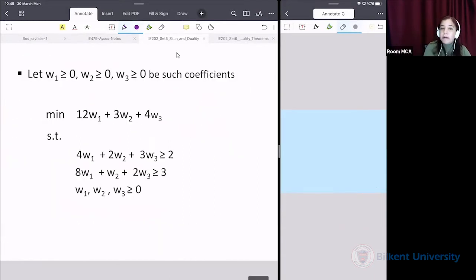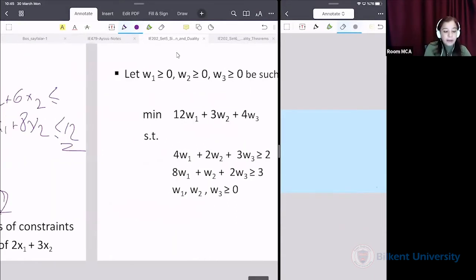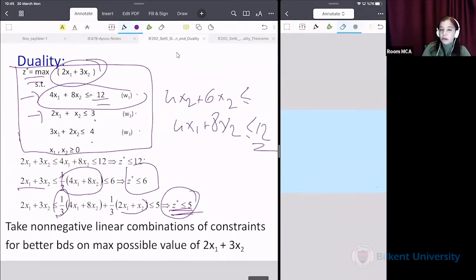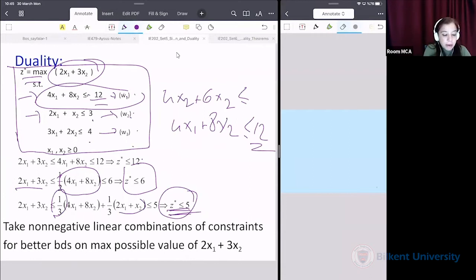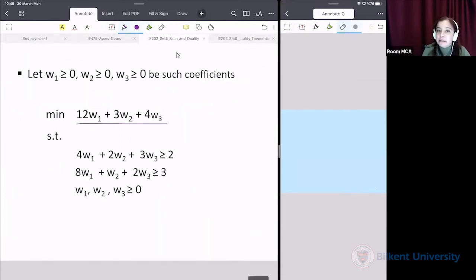Then what am I trying to do? I'm trying to find non-negative combinations of my constraints. Each constraint gets a multiplier, and I'm trying to minimize what I get from them. So I'm trying to minimize their effect on the objective, while in the meantime satisfying what they're supposed to satisfy.